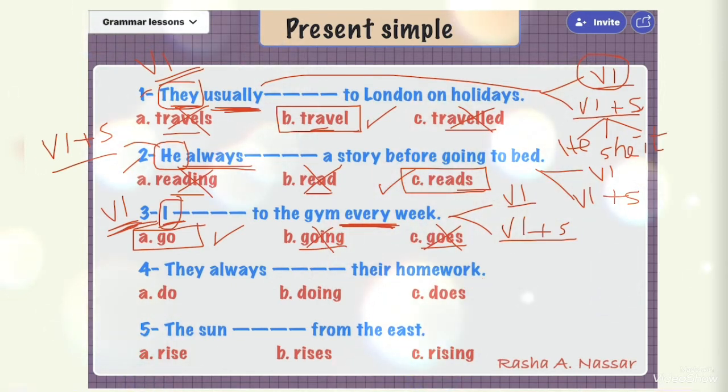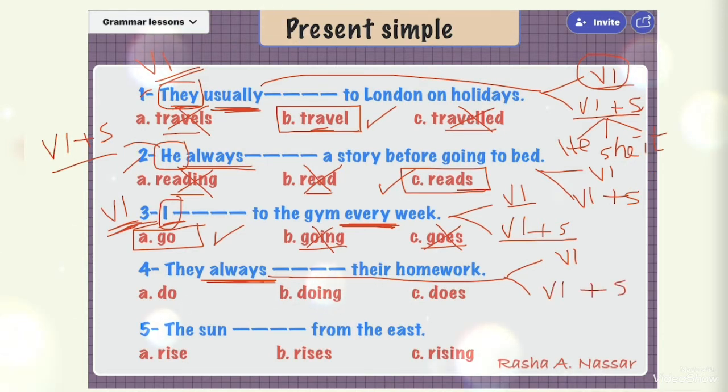Again, let's look for the keyword. This is the keyword here. I have always, and when I see always, I should use V1 or V1 plus S. I have here the subject they. So they takes what? Takes V1 or takes V1 plus S? No, teacher. Takes only V1. Why?